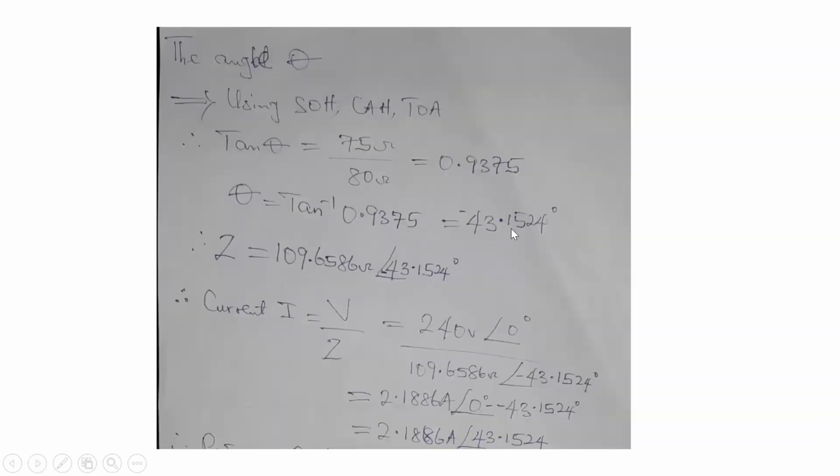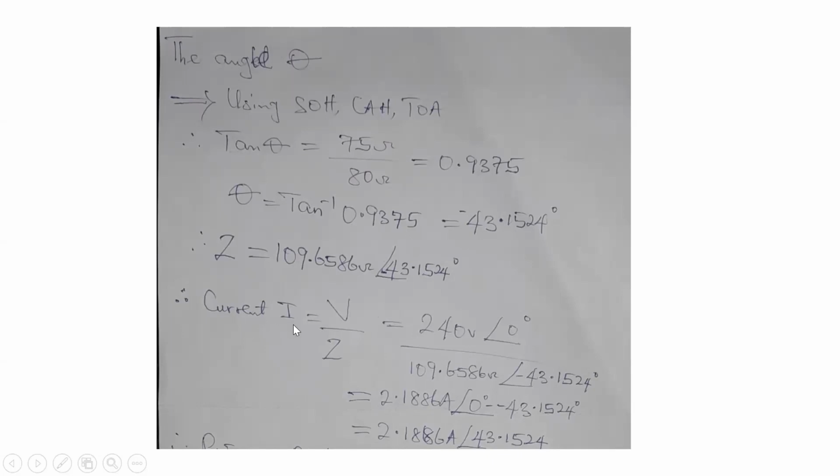So we now put minus 43.1524 degrees. Then our impedance in polar form is 109.6586 ohms at an angle of minus 43.1524 degrees.